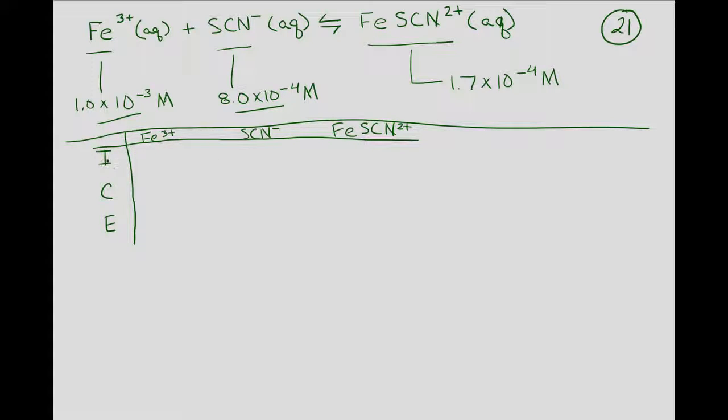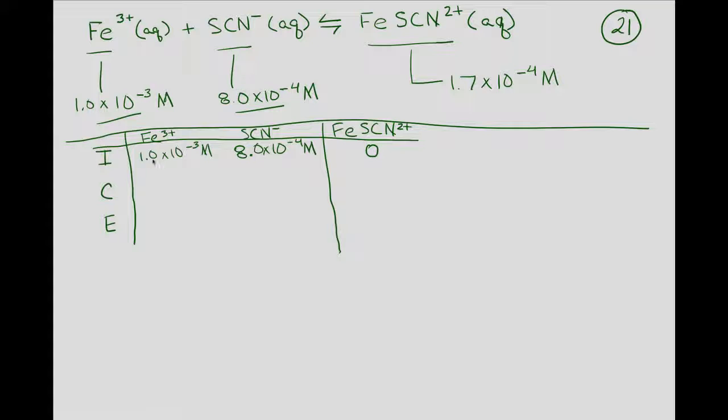Okay, so initial for iron is given at 1.0 times 10 to the minus 3 molar. Now SCN minus is given as 8.0 times 10 to the minus 4 molar. And for FeSCN2 plus, we don't actually have anything at the beginning, so we put a 0 here.